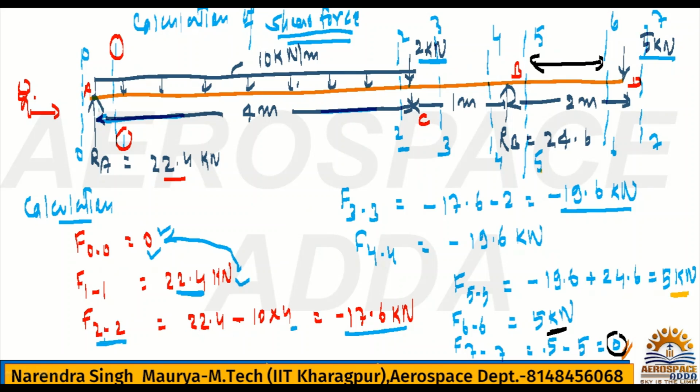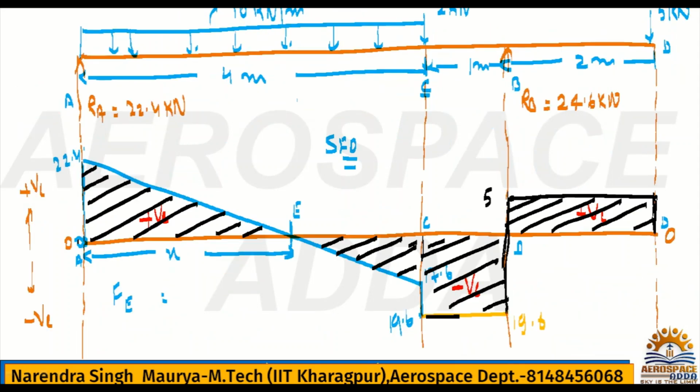Because RA is in the upward direction, then the UDL is acting downwards, 10 into the full span length. Now, instead of the full span length 4, you have to take x distance. The same equation applies, but now it will be 10 into x, because I'm taking x distance, not the full span length.